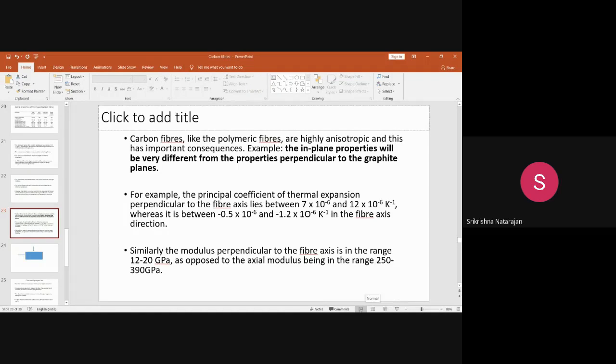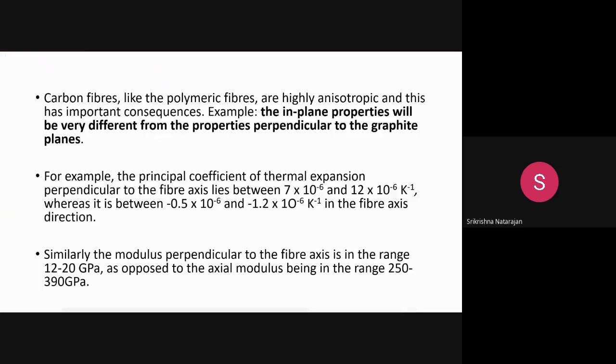So the coefficient of thermal expansion means, after applying temperature to a particular material, how much it expands. That actually varies in carbon, because carbon has a different property in plane and different property across the plane.